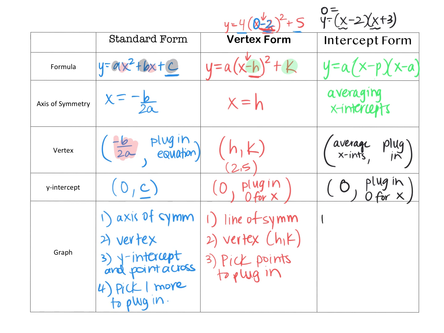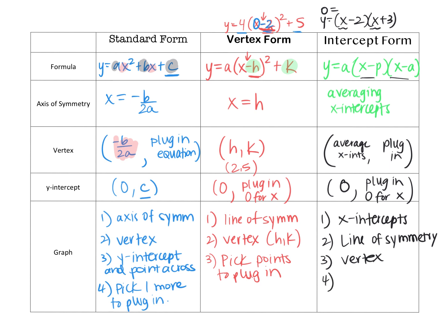Okay, so if I was graphing this one, I would start by finding my two x-intercepts, and they're really easy to find if you're given this form, so plot those. Then find my line of symmetry, which is right between them, plot that. Then find my vertex. Okay, and then I would either find my y-intercept or plug in points to find my last ones.